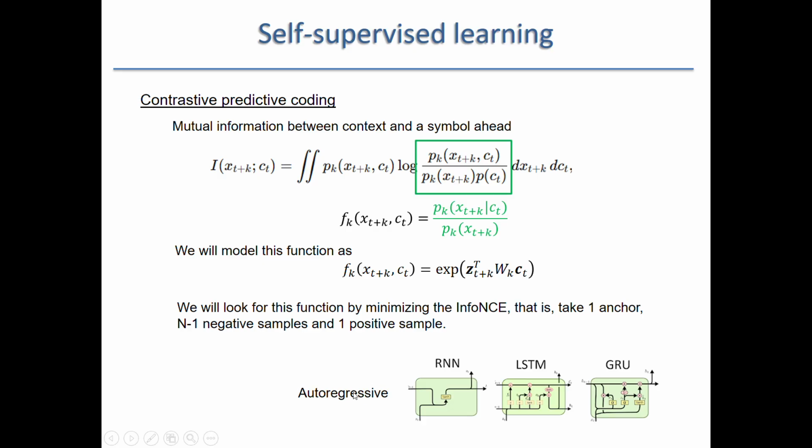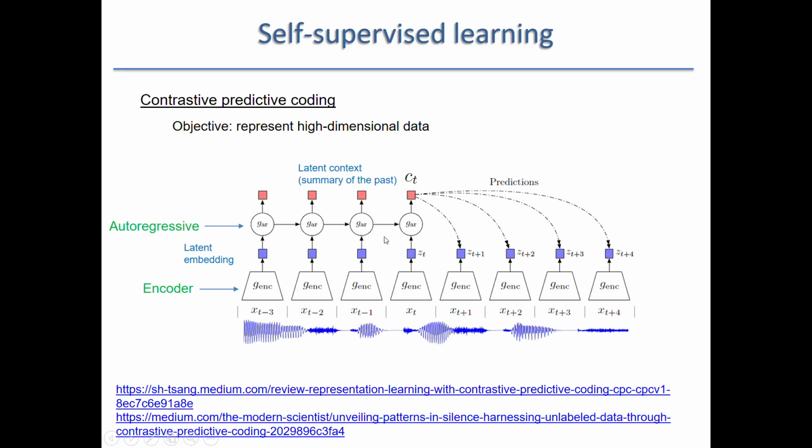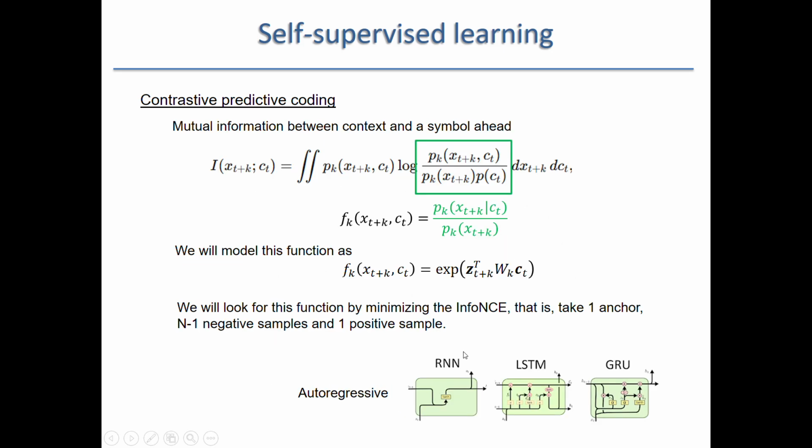The autoregressive part that we saw here is implemented by any one of the recurrent layers that we already learned: RNN, LSTM, GRU, etc.